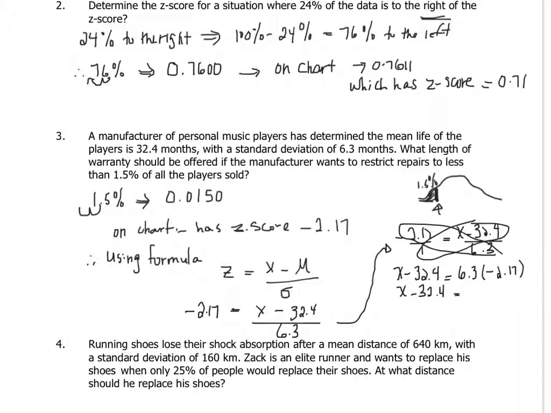Might help if I turn down the calculator. 6.3 times negative 2.17, which is negative 13.671, which is x is negative 13.671 plus 32.4.